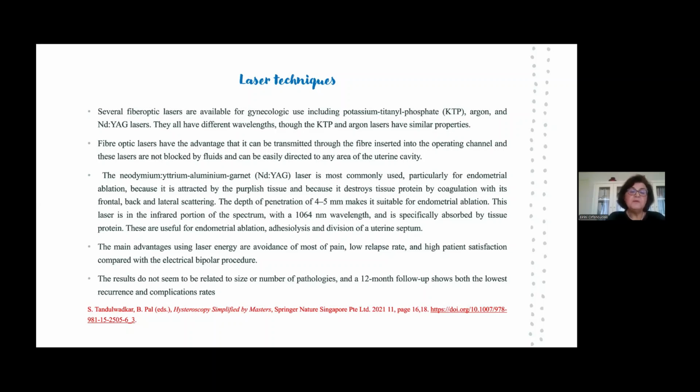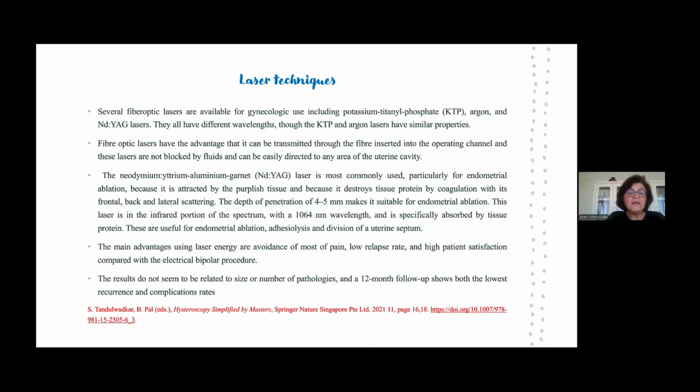The neodymium yttrium aluminum garnet laser is most commonly used, particularly for endometrial ablation, because it is attracted by purplish tissue and because it destroys tissue protein by coagulation with back, frontal, and lateral scattering. The depth of penetration is 4 to 5 millimeters, which makes it suitable for endometrial ablation.